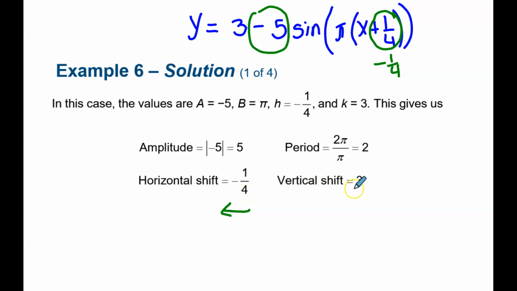The vertical shift is 3, so the graph will be shifted up 3 units. The period is 2 pi divided by b, the coefficient of x, which is pi. So 2 pi over pi is 2.